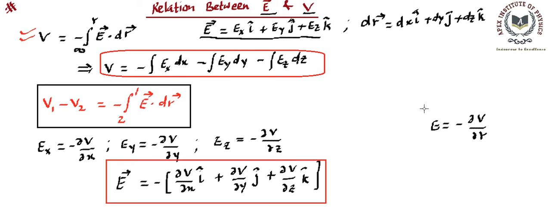And we can use this expression to find the electric field when the potential is a function of only the radial direction, right? So here we have talked about two types of relations, or rather both-way relations. First was to find the potential when the field is given, and the second is to find the field when the potential is given to us.